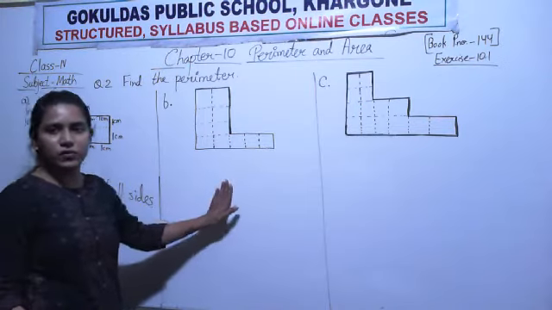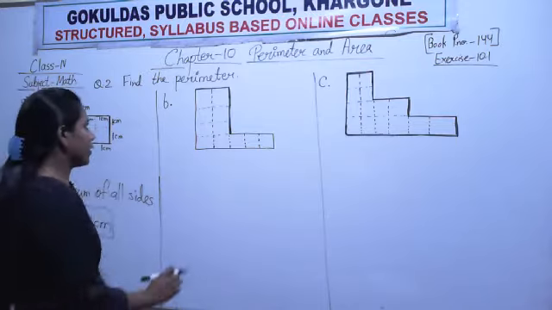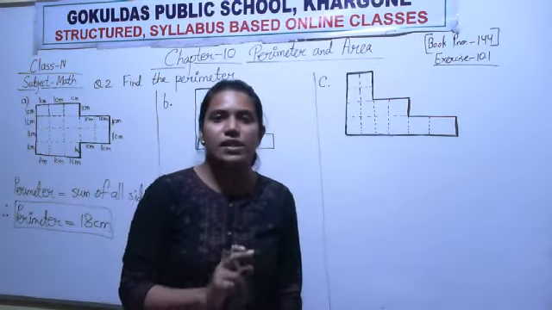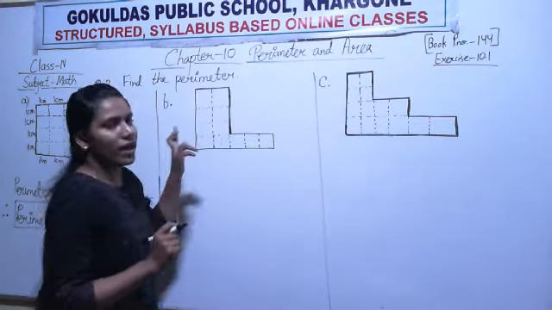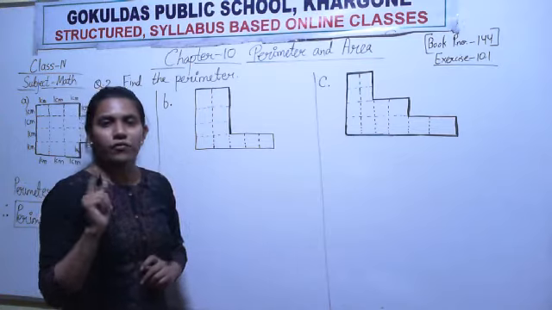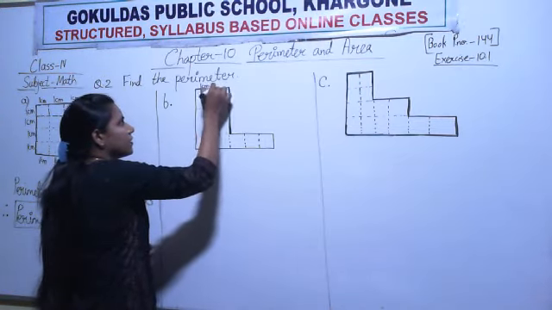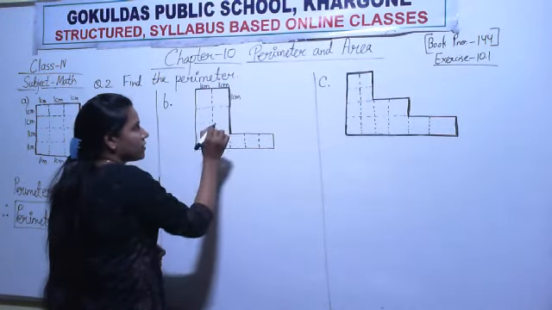Now let us move to part B. In part B, as it is given in the hint of the question, each side of a small square is 1 centimeter. It means this side will be 1 centimeter, this side will be 1 centimeter.